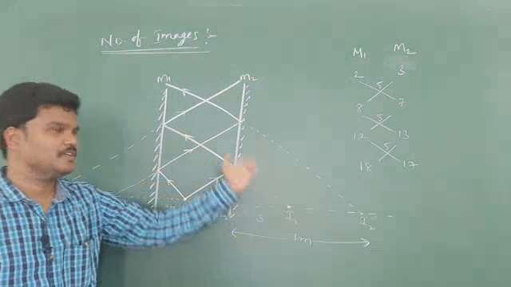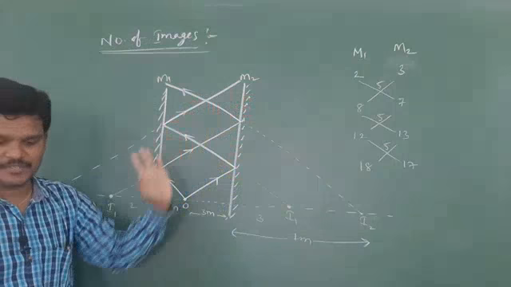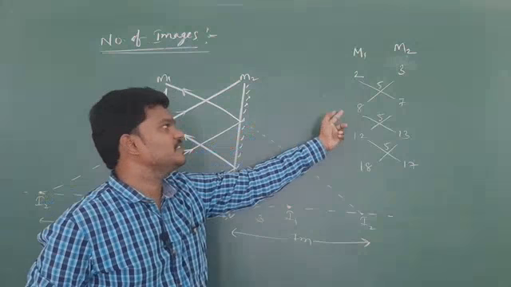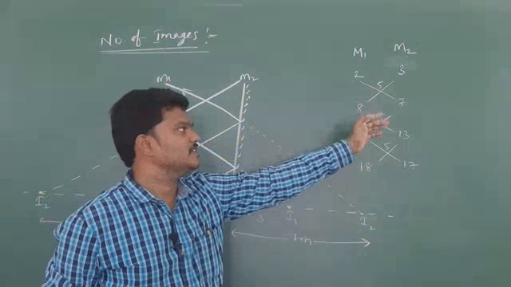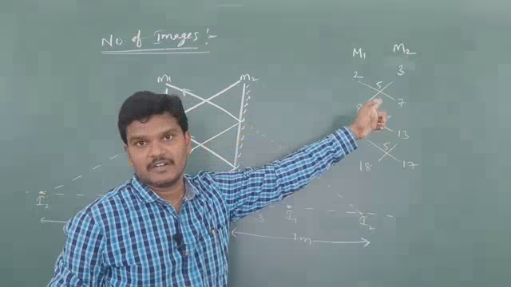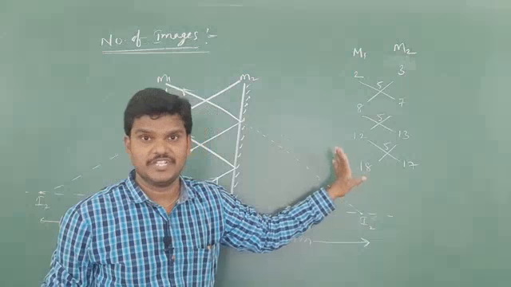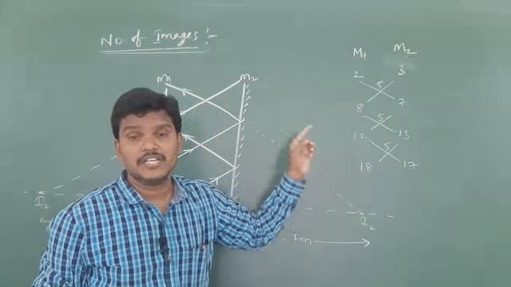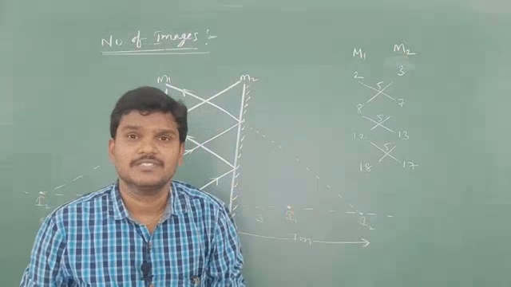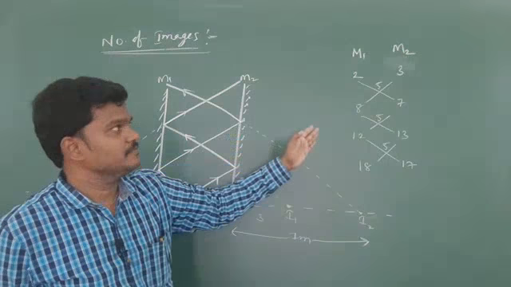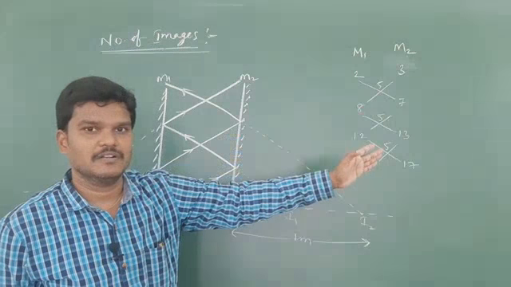If they are making some angle, I will use the same technique with angles. Here are the distances of the first, second, third, fourth images from the second mirror. These are the individual distances of images from the first mirror and from the second mirror.